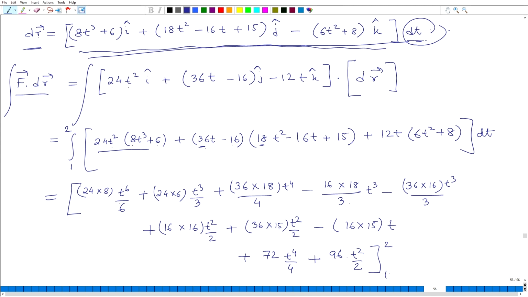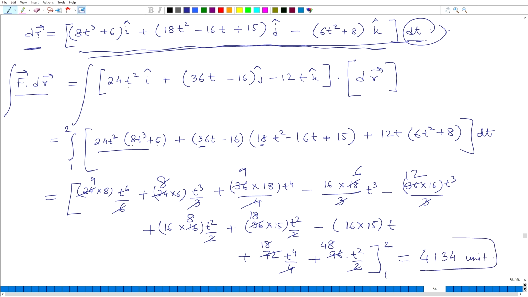Okay. You can do several cancellations. So if you do everything and calculate very carefully, you should get the total answer to be equal to 4134 units.